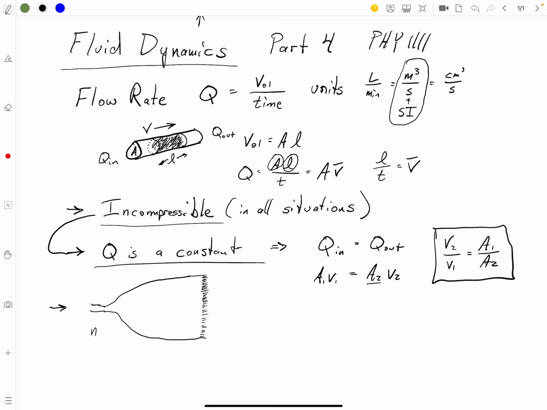So over here, n equals 1. So let's say this is n1. And over here, we don't know. There's n2. But if we have n of these things, then we say n1 A1 v1 is equal to n2 A2 v2. And then, of course, we can solve. Maybe we don't know n2. So we can solve for n2, and then we just have n1 A1 v1 over A2 v2.